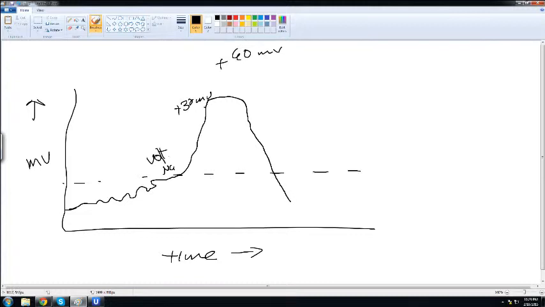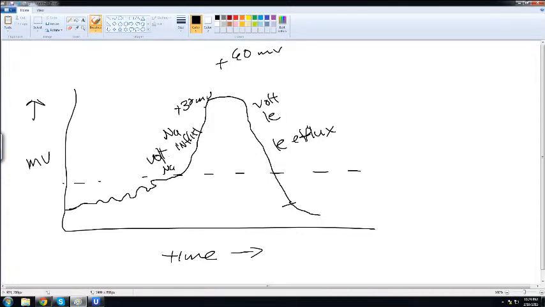Goes down, down, down, down, down, and this is caused by voltage-gated potassium channels. And so as this goes down, here we have potassium flowing outside of the cell. And here we had sodium flowing inside the cell. And so this goes down, down, down, tries to get to negative 90 millivolts, doesn't quite get there.